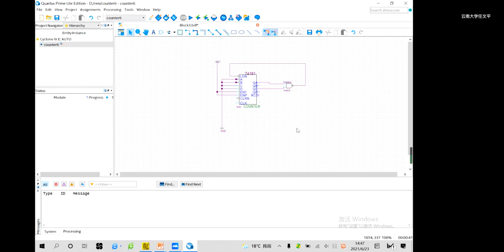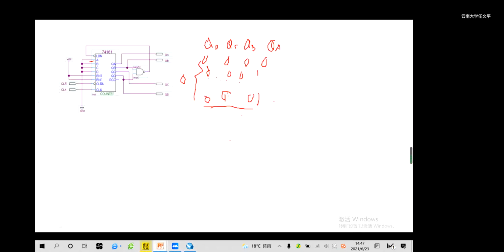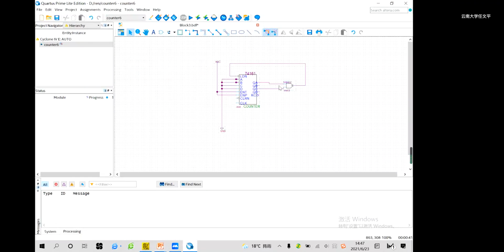So it is a circle counter that counts periodically.